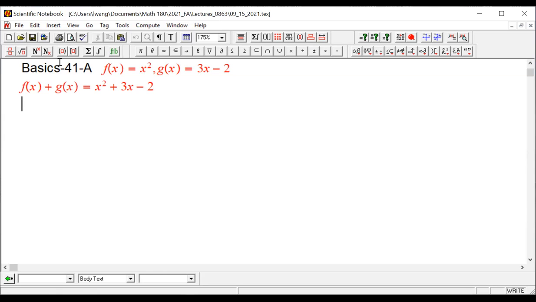The next one, f plus g of 2, means f of 2 plus g of 2.